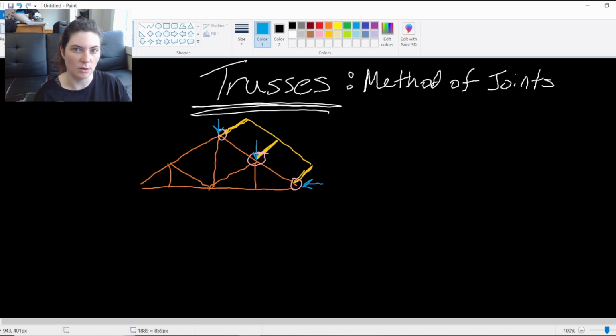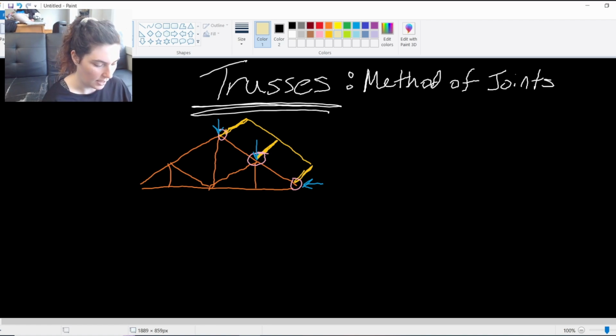And there are a few assumptions that we make when we're working with these trusses. One is that we're going to assume that every single one of these little spans of the truss is a 2-force member.